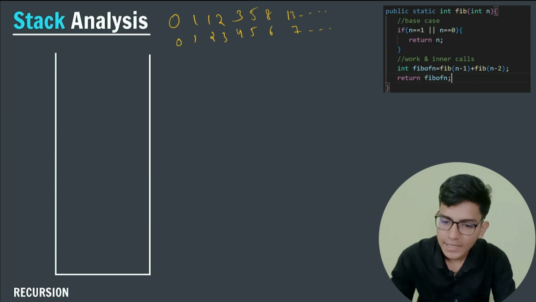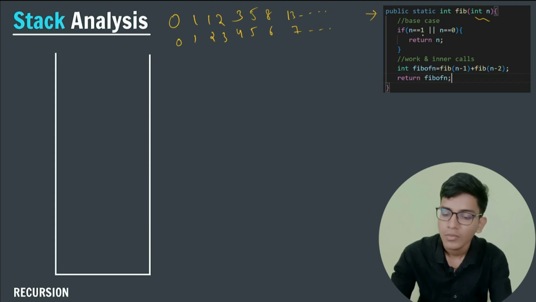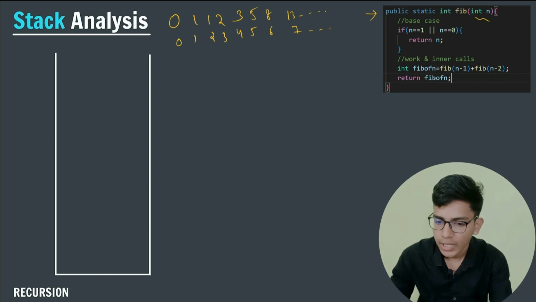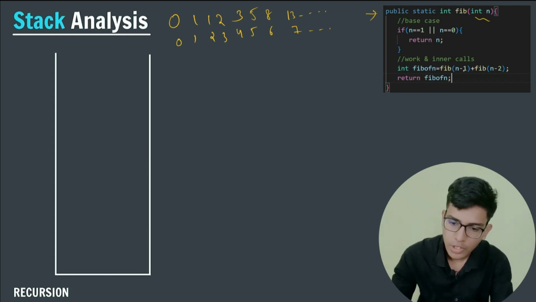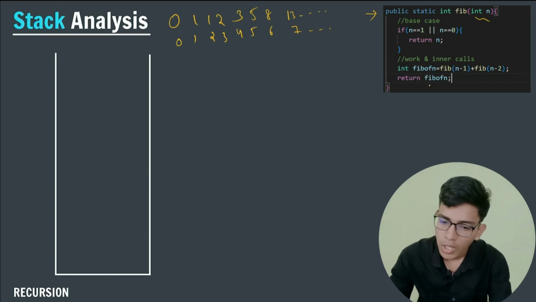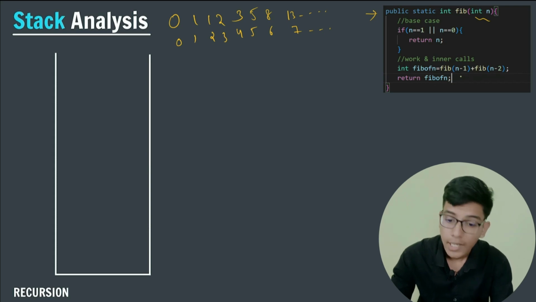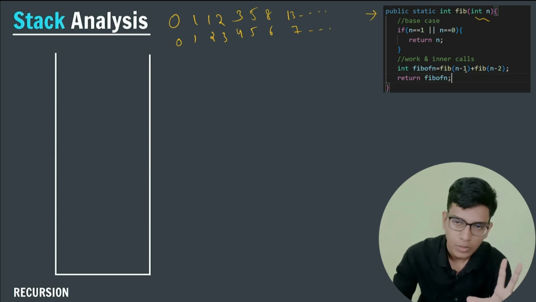Here I am passing the n value, and this is my base case. If any function call becomes 1 or 0, then I will return n. After it, here I will calculate Fibonacci of n minus 1 and n minus 2, and I will return the Fibonacci of the nth term present at that value. Okay, this is how the code works.